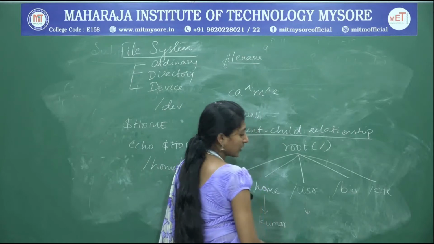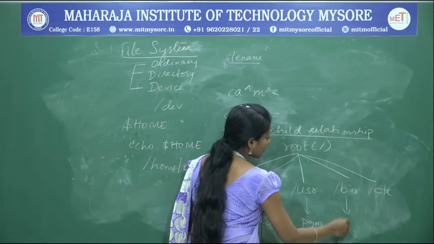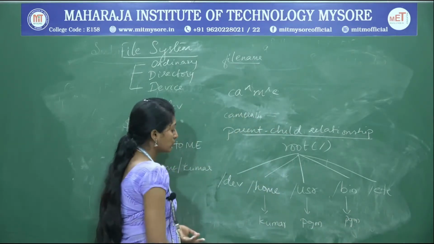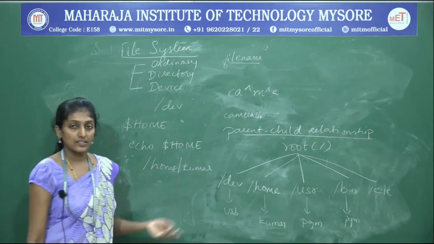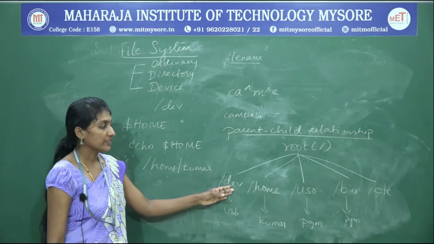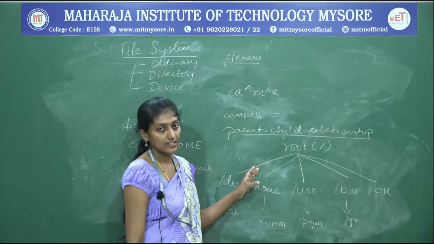Under this user you can also have other programming directories, drives or library files. This is how the hierarchical structure of a file system works in Unix.